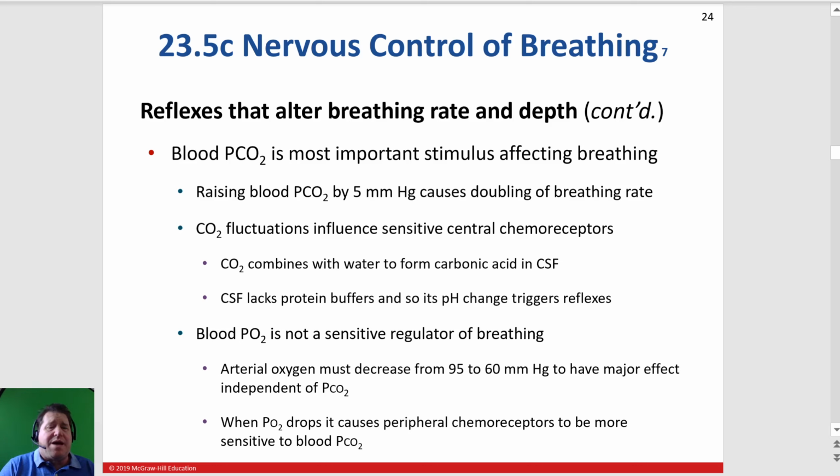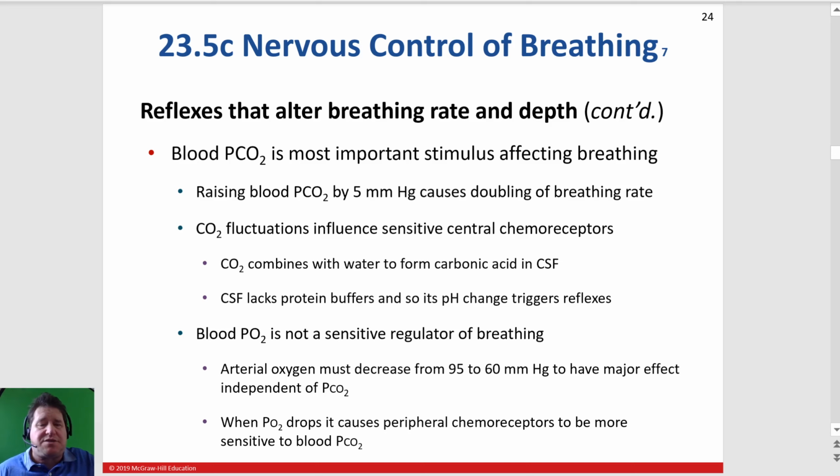What happens? Carbon dioxide combines with water to form carbonic acid in the cerebrospinal fluid. And so that change in pH is very sensitive. The nervous system cells are of course being bathed, being perfused by the cerebrospinal fluid, so they know when something changes, and so they respond at the brainstem level.